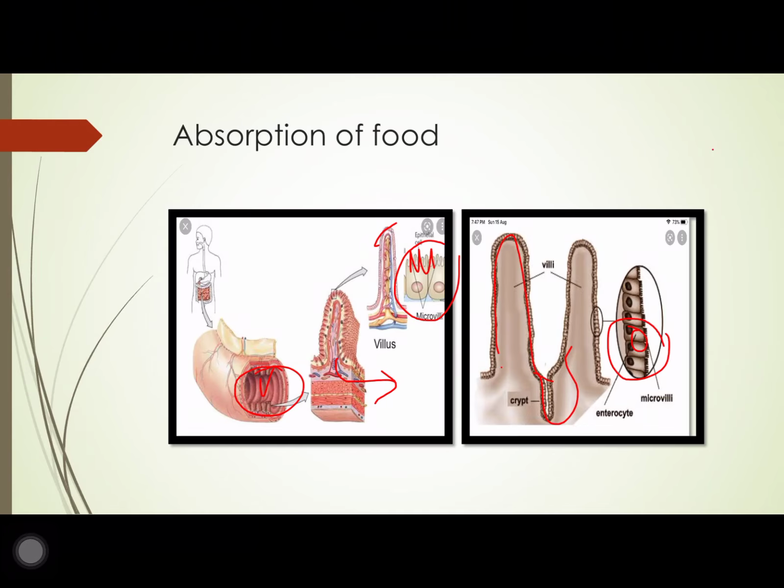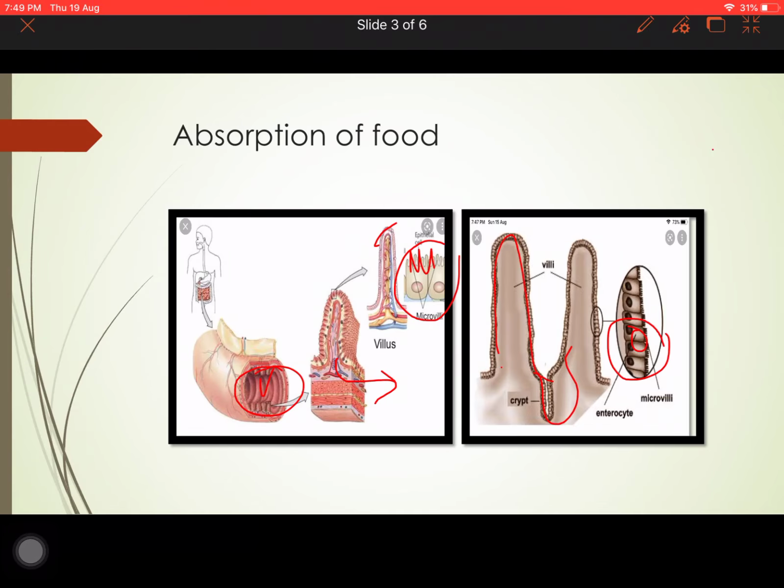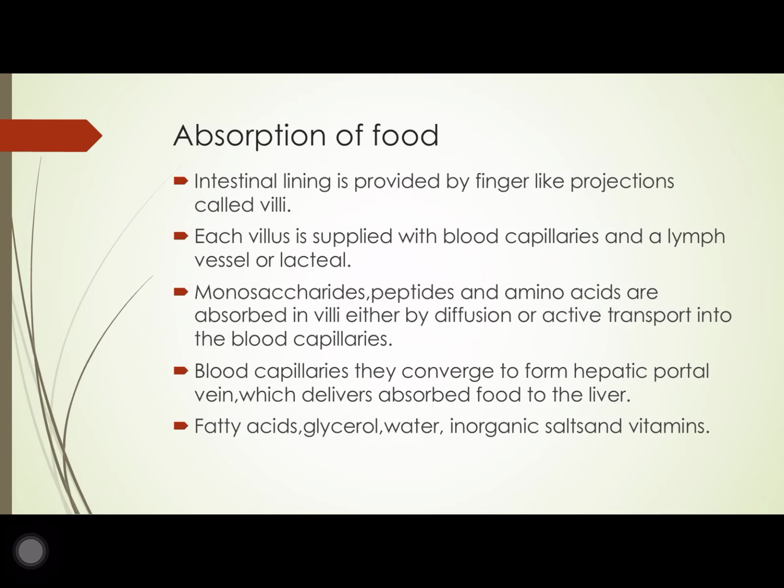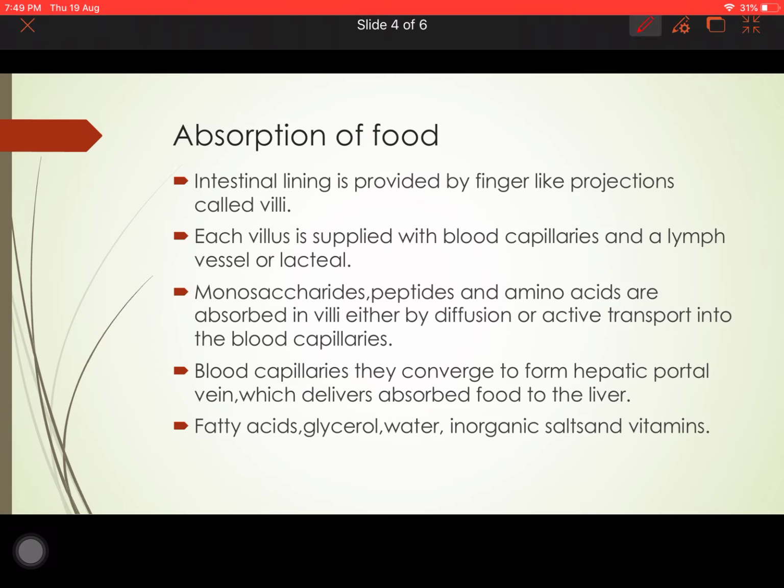I have already written down the function of villi. So absorption, how is it done? It is provided with finger-like projections called villi. Each villus is supplied with blood capillaries and a lymph vessel or lacteal.